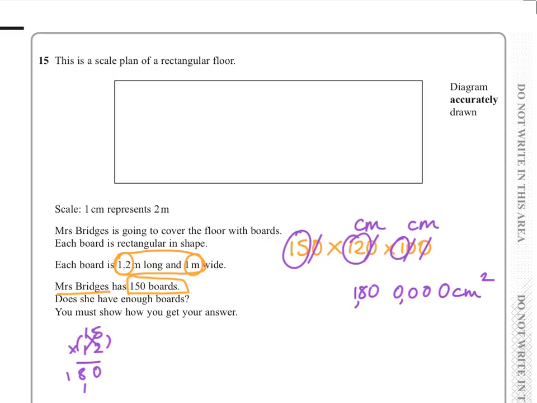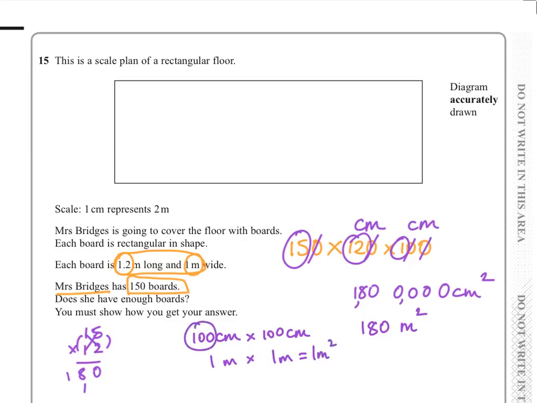and that is the same as 180 metre squares, because 100 centimetres by 100 centimetres is the same as 1 metre by 1 metre, which is 1 metre squared.